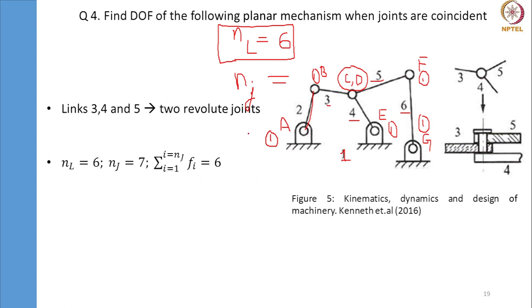Also, this link 3, 4, and 5, we are going to consider as 2R, that means 2 revolute joints. So as a result, we get the number of joints as 7. Sorry, this is a single revolute joint here, and sigma Fi comes out to be 6.